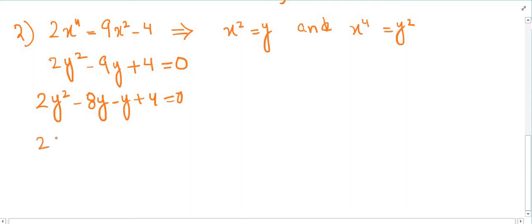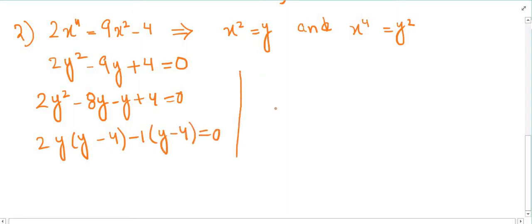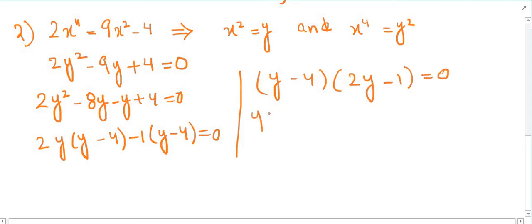This is 2y(y minus 4) minus 1(y minus 4) equals 0. This is (y minus 4)(2y minus 1) equals 0. Now either y equals 4 or 2y minus 1 equals 0, which is 1 by 2.